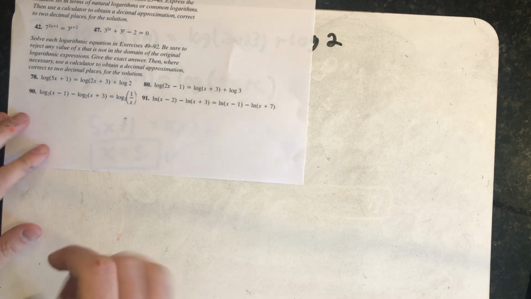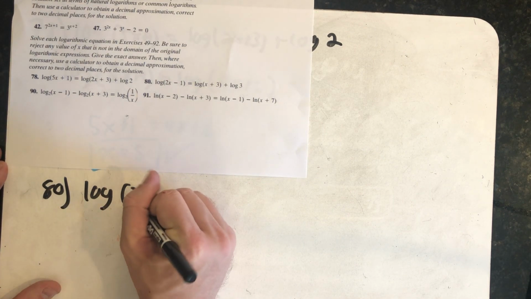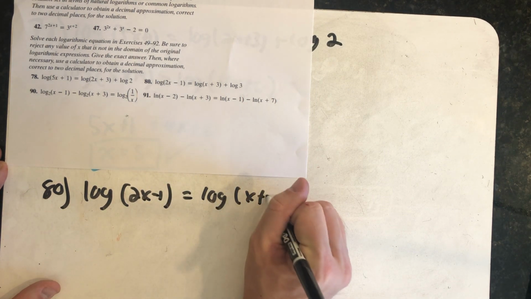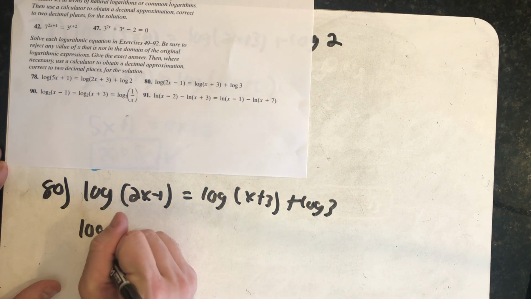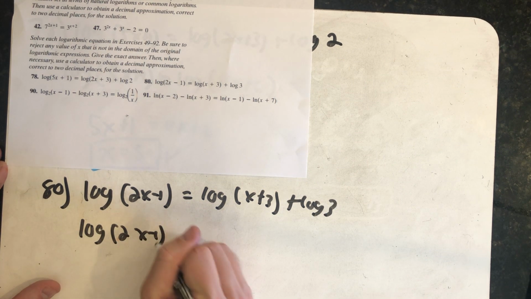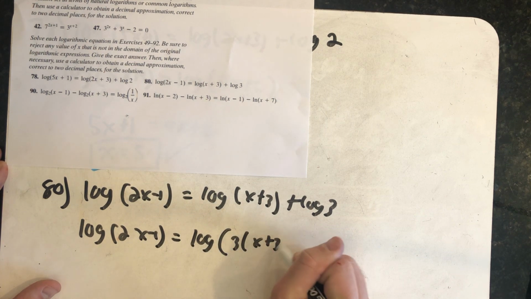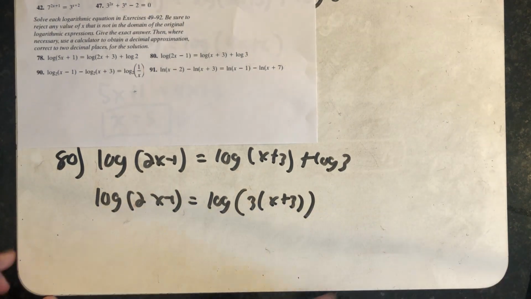Another problem that looks a lot like the one we just solved. Another problem involving a log base 10. So again, we need to condense the right-hand side. And so I'd have 3 times x plus 3. And on the last one, I just went undistributed. But on this one, I decided to show some work.